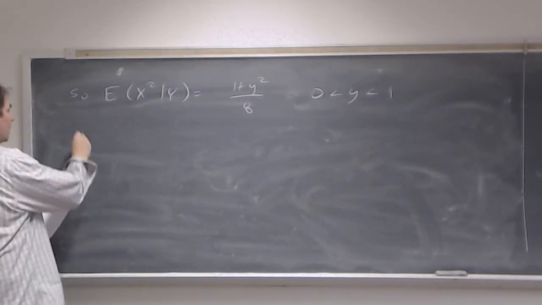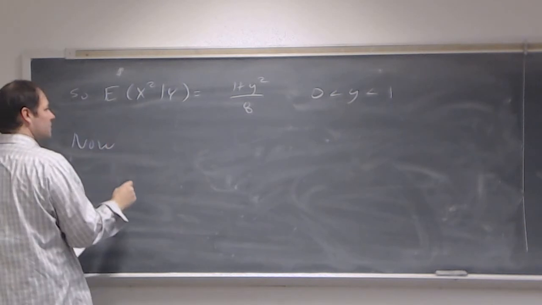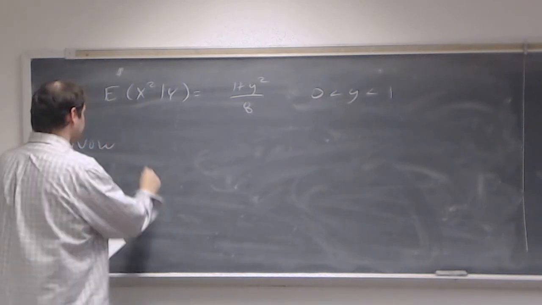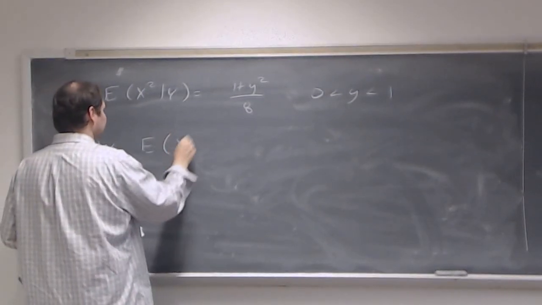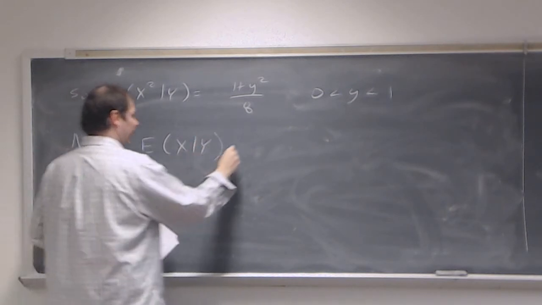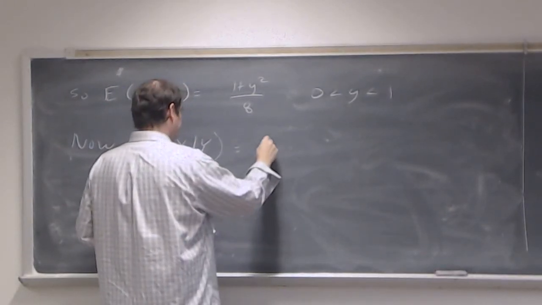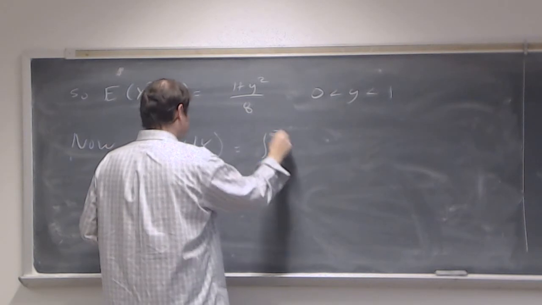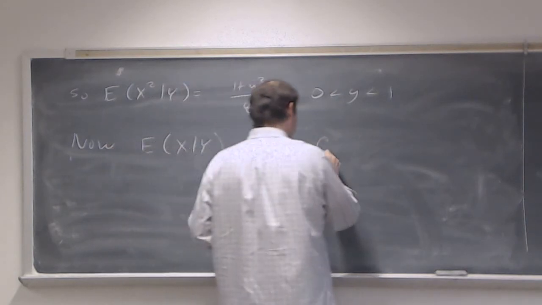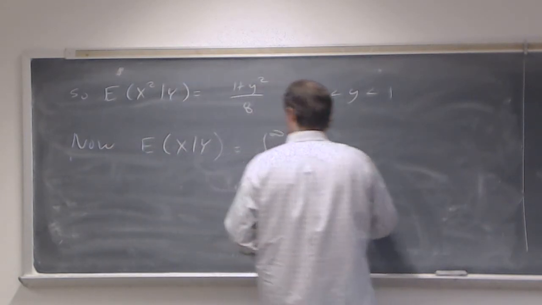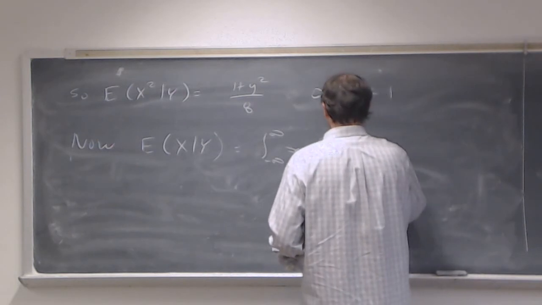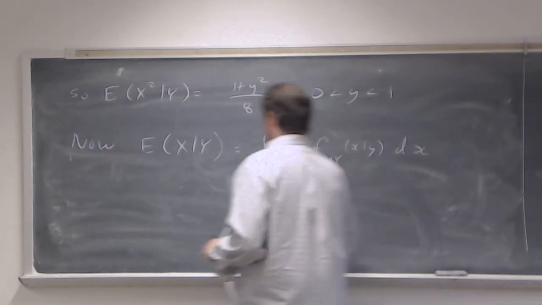Okay, now, the other part of our formula for the conditional variance would have us look at the expected value of x given y. We're going to square that. But remember what that is. That's an integral from minus infinity to infinity of x times the conditional PDF of x given y, integrated with respect to x.